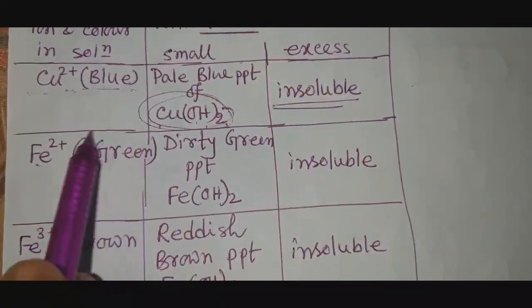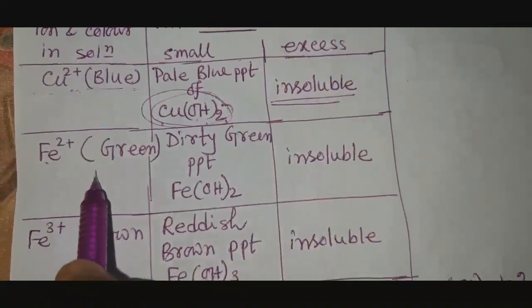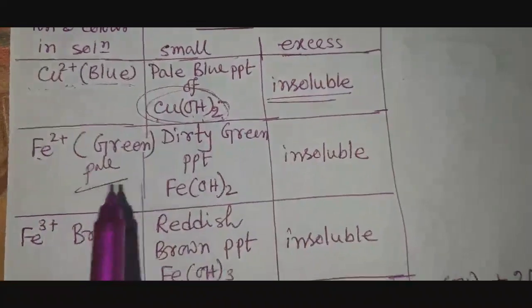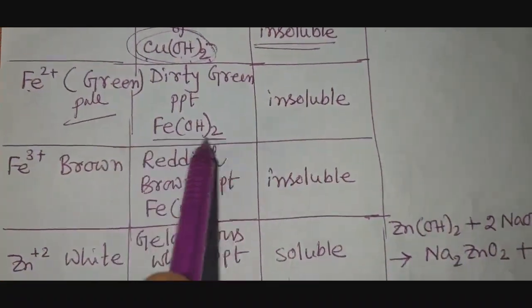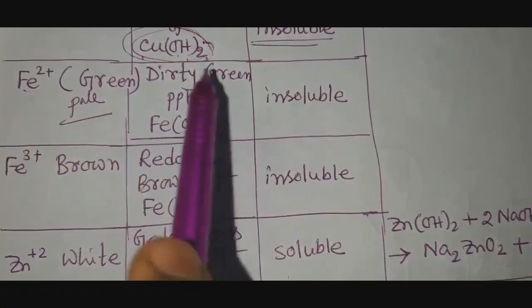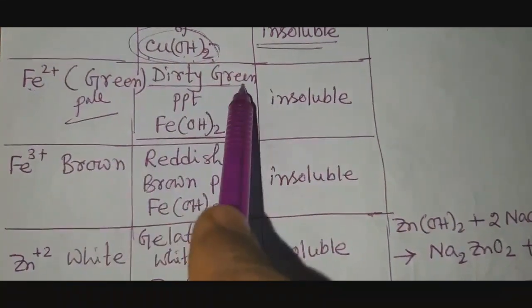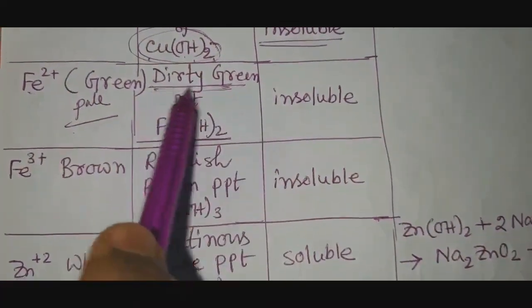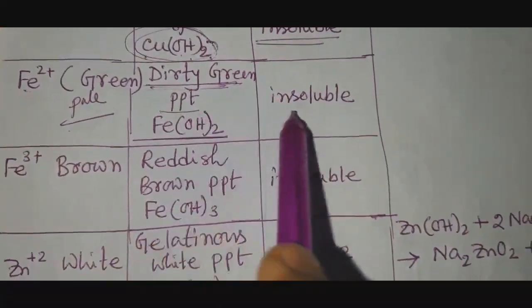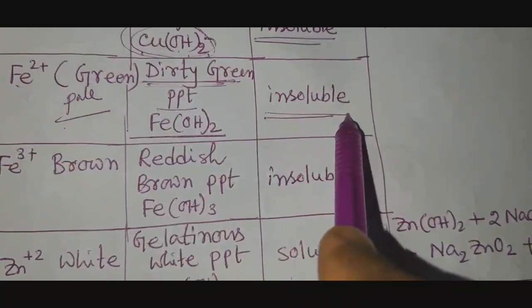Fe2+, ferrous ion, is green color, dirty pale green also I can say, pale green color. So with NaOH in small quantity it will form Fe(OH)2, ferrous hydroxide. What is the color? Dirty green. So a dirty green precipitate, in excess it is also insoluble.